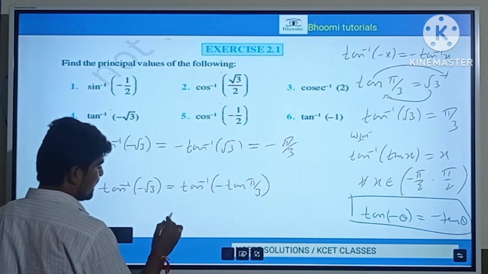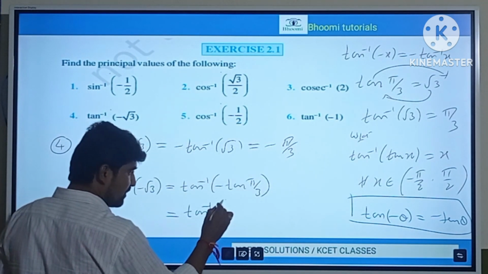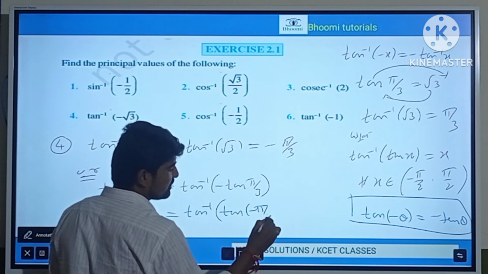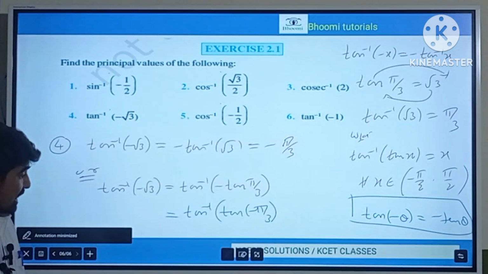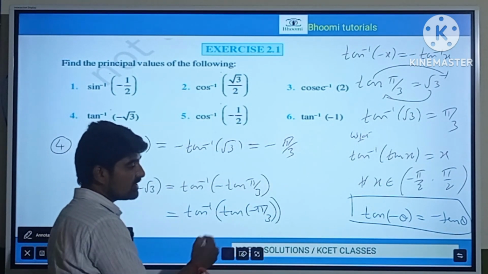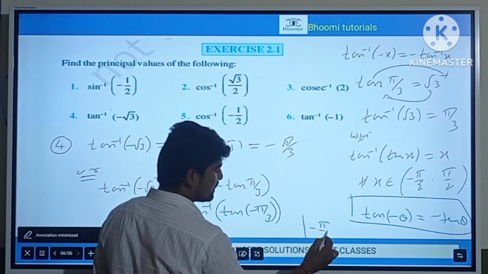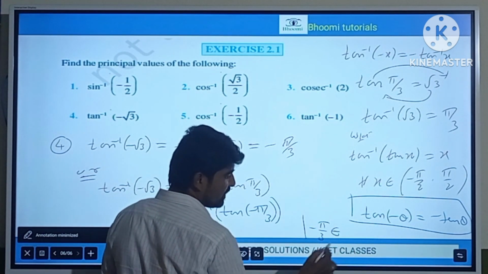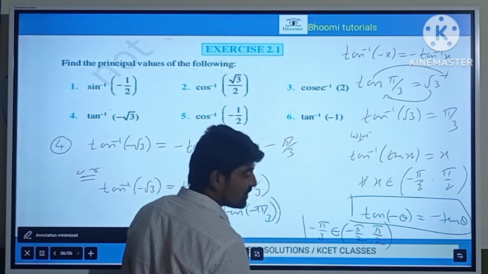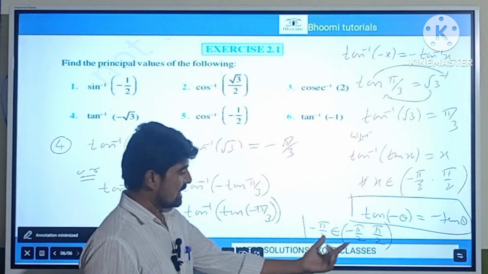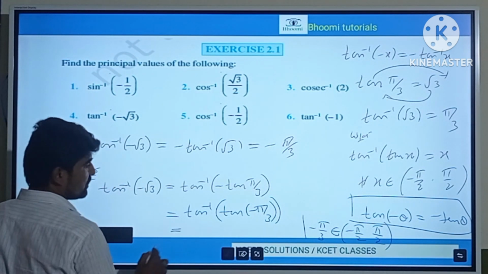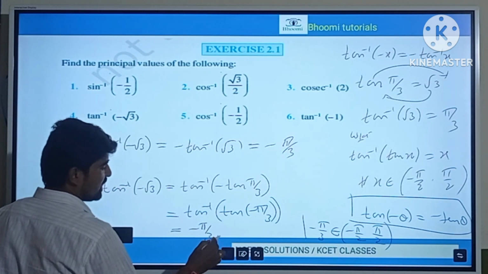Therefore, this can be written as tan inverse of tan of minus pi by 3. Now we use tan inverse of tan x, where x is minus pi by 3. Observe here, minus pi by 3 belongs to the open interval minus pi by 2 to plus pi by 2, because minus 60 is in the interval minus 90 to plus 90. Therefore, this is equal to minus pi by 3.